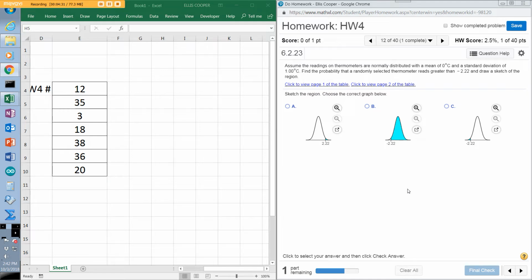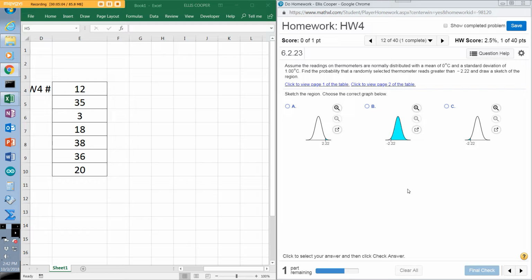It also happens to be the mean and standard deviation of the standard normal probability distribution, but let's not let that get in our way because we know how to use NORM.DIST. But they do say calculate the probability that a randomly selected thermometer, and so you have to imagine a huge population of thermometers. And the question is what's the probability that it reads greater than negative 2.22?